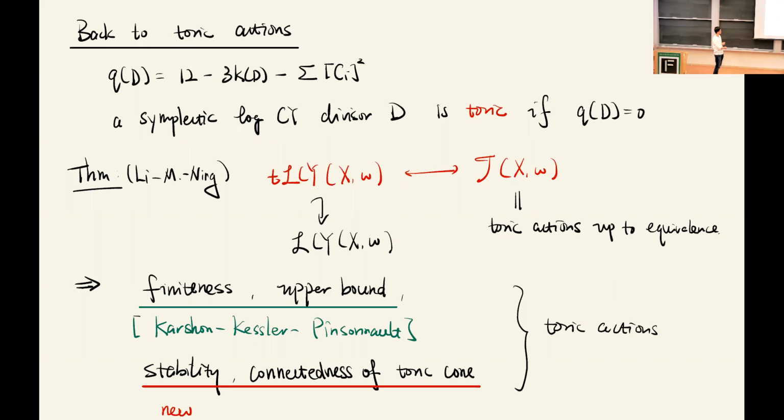For example, the stability result translates to saying that if you have two symplectic forms and they have the same set of symplectic sphere classes, then they will have the same set of toric actions.